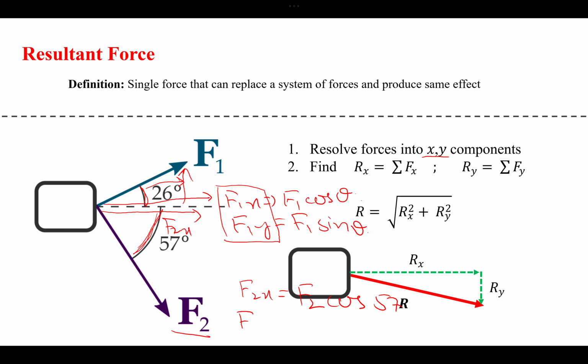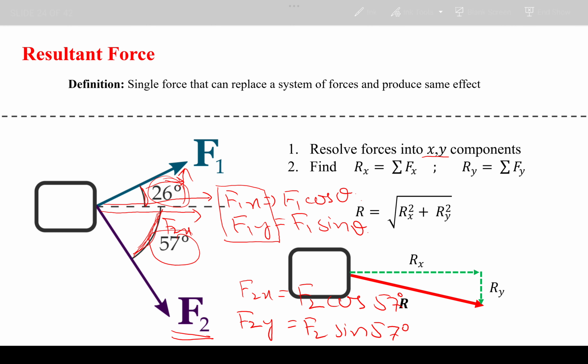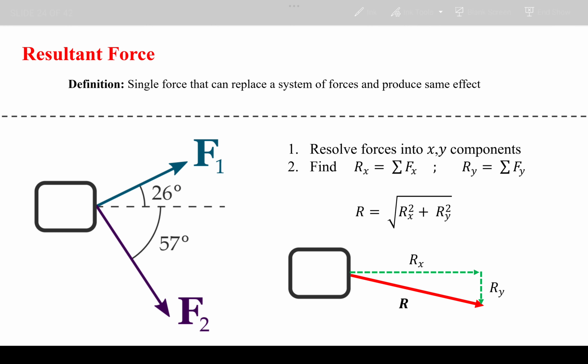Alright, and similarly the y component of F2, so F2y, will be equal to F2 sine of 57. Alright, so for both F2x and F2y, you are going to consider this angle. For F1x and F1y, you are going to consider the 26 degrees. Alright, so we got four components in this case.